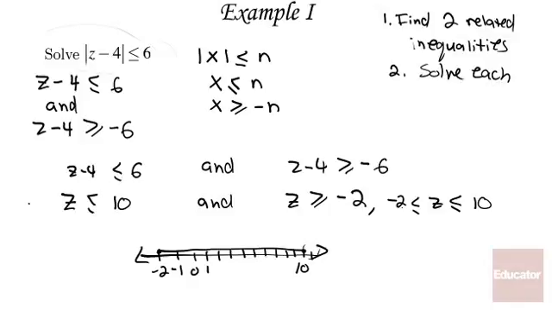In the next example, again, I stop for a minute and I look at what form I have. And I have the absolute value of w plus 5 is greater than 4. So this is in the form, the absolute value of x is greater than n.